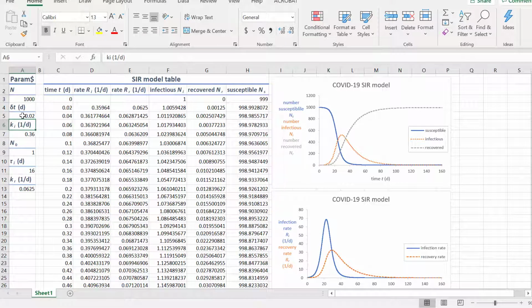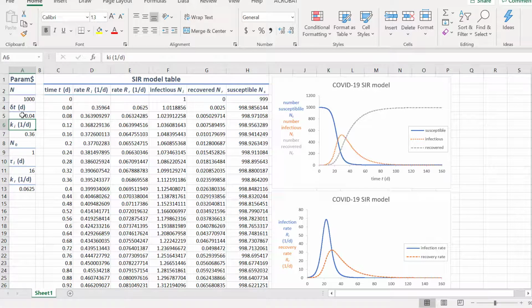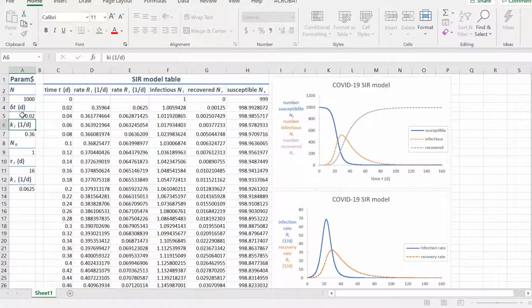If I make it 0.04, double it, let's see if it makes a change to this shape. Not really. The dots moved a little, but that's because of the way Excel does dots. So if I go back to 0.02, I think that's fairly good. So we've got a curve that's going well. All right, so that's the answer to the first part of the question.